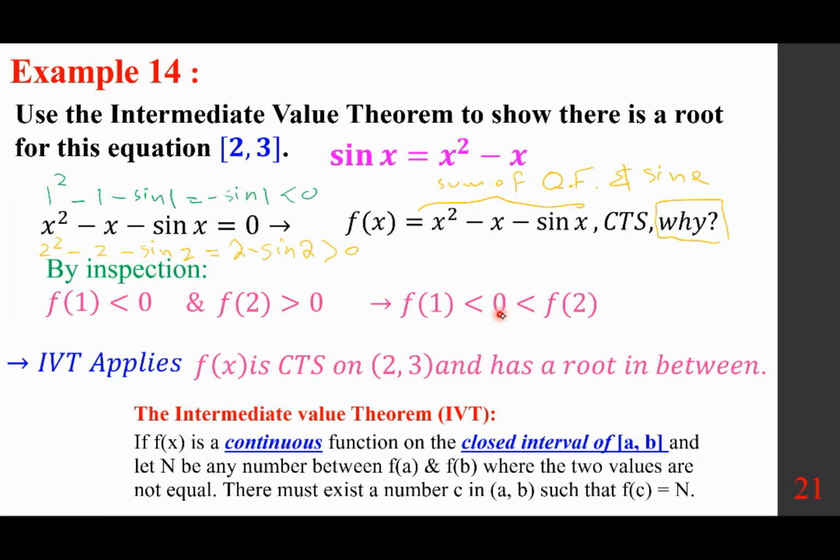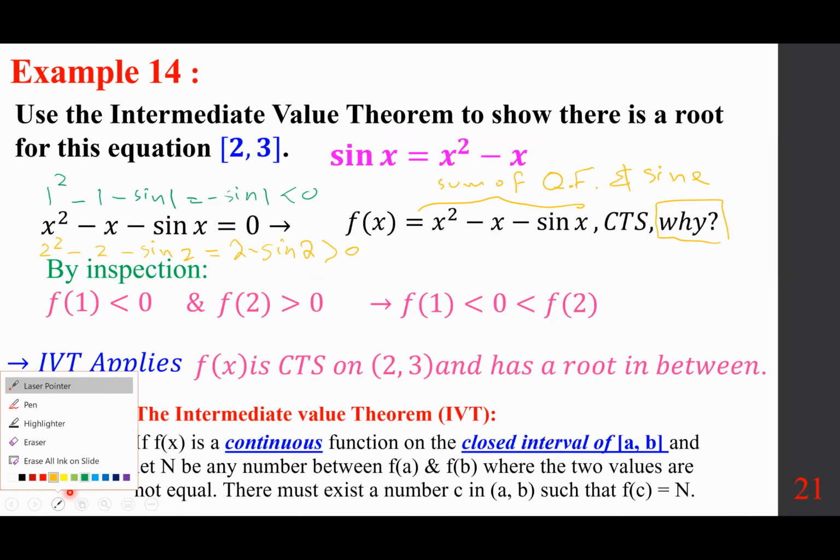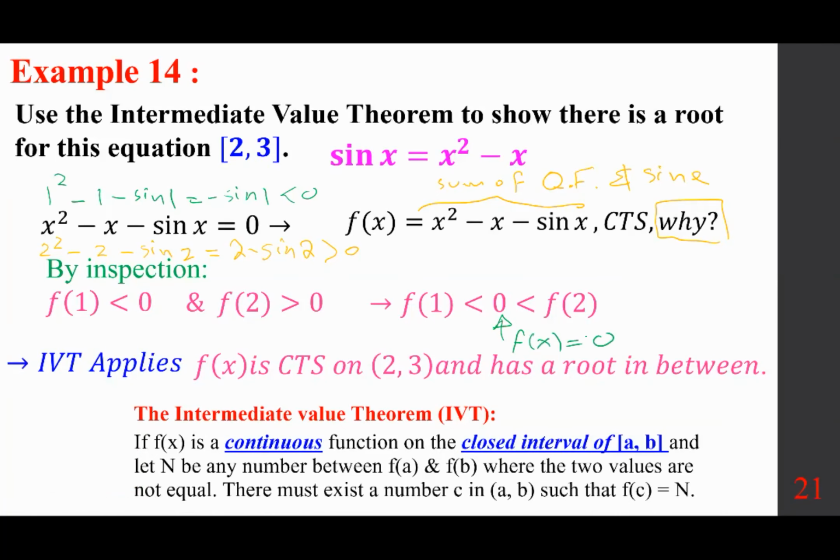That means there is some f of x, the meaning of this is some functional value equal to 0. That means a root. Or if you're looking at the graph, it's called the x-intercept. The root refers to an x-intercept.